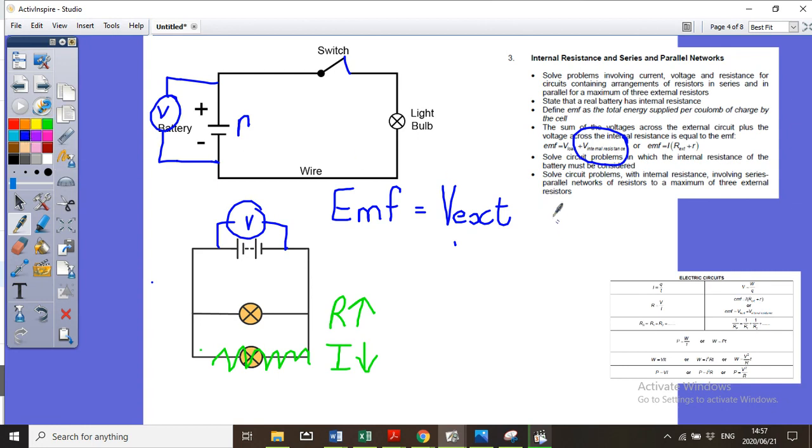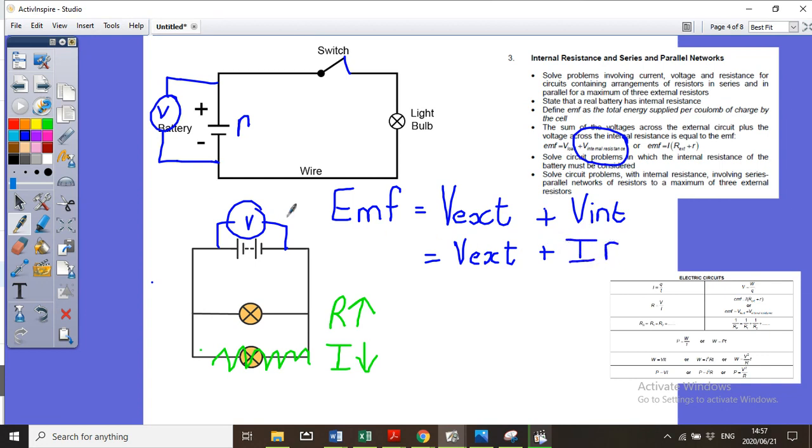And then, similar to what we had before, the EMF is still constant, equal to the V energy that's used outside plus the energy that is used inside. So I want to know what the V external is going to be. This V internal again is equal to I times r. Little r is constant.